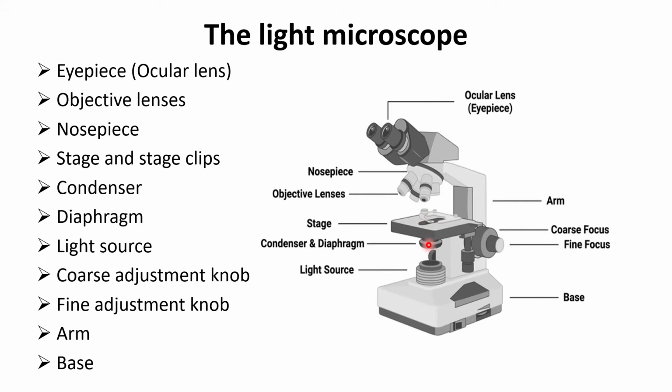That's majorly about the functions of the parts of the light microscope. It's highly examinable, so just know the various parts and their functions that are important in the light microscope.